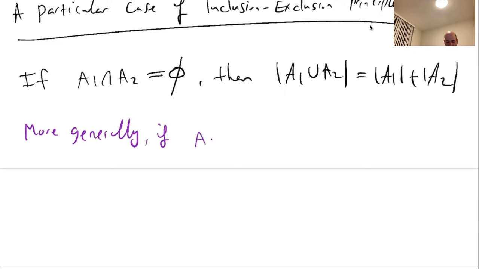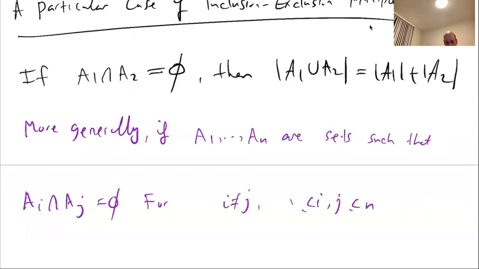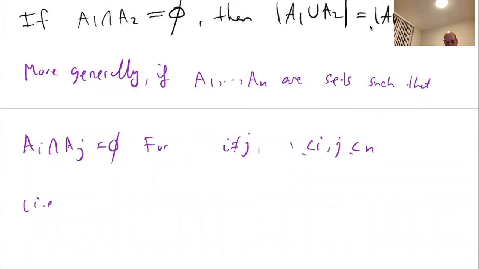Let's say A1 to AN are sets such that AI intersection AJ equals empty for I not equal to J, and I and J between 1 to N, i.e. A1 to AN are pairwise disjoint.